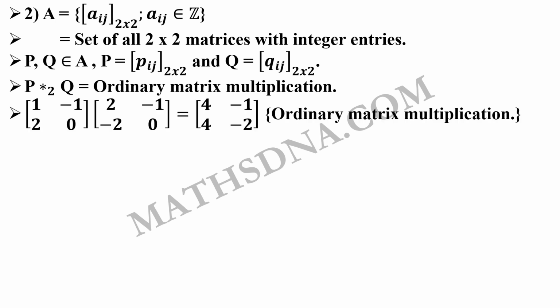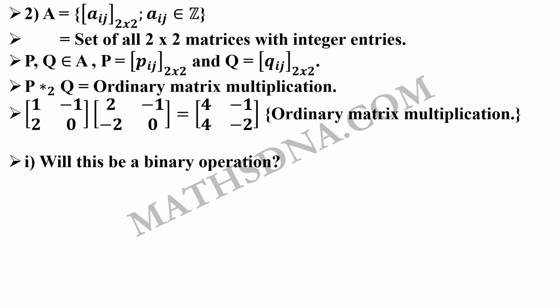The example of ordinary matrix multiplication, as you already know from school level: 1 minus 1 2 0 multiplied by 2 minus 1 minus 2 0 gives us 4 minus 1 4 minus 2. You can easily multiply and see it. Now will this be a binary operation?